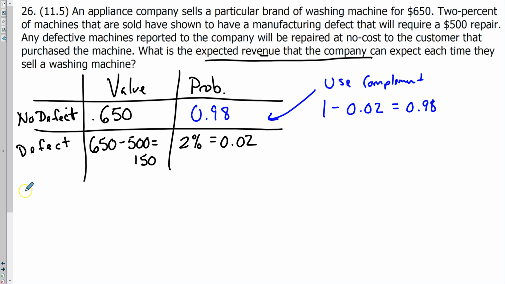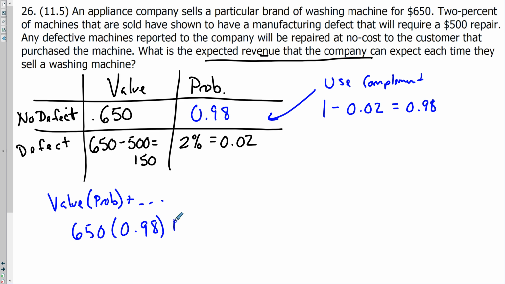So to find our expected revenue, our expected value, you're going to take each of your values, you're going to multiply them by their probabilities, and then you're going to add them all up. So here, my first value was the $650 they would make. The likelihood they would make that amount is the 98%, 0.98.